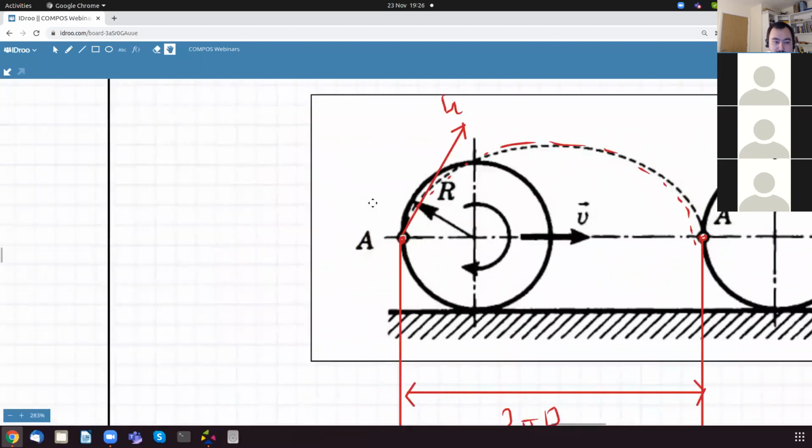So at point A, there are two components of the velocity. There's an upwards velocity, and there's a horizontal velocity due to the movement of the wheel, so that is v. Now, point A is moving upwards with the same speed as the wheel is moving forward.